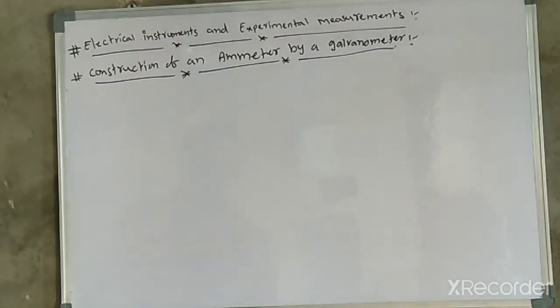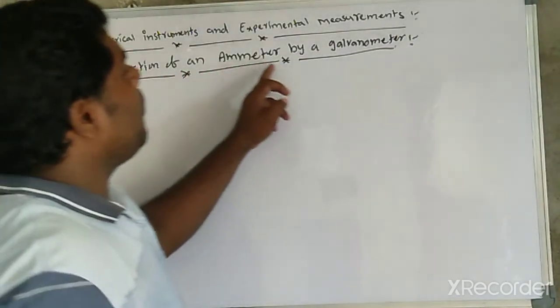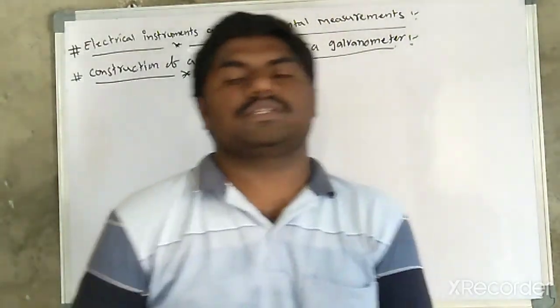Now our aim is to construct an ammeter from a galvanometer. How to construct?